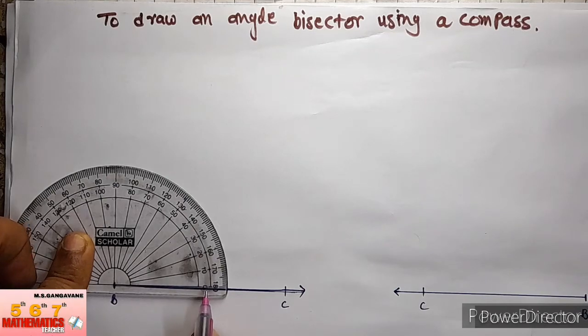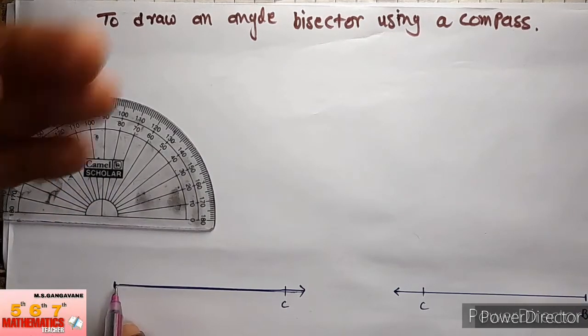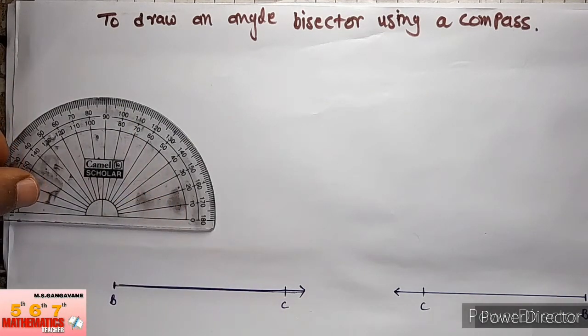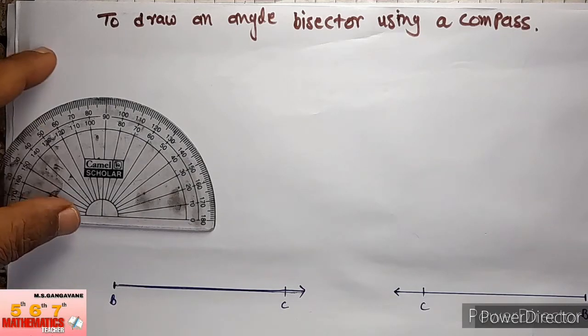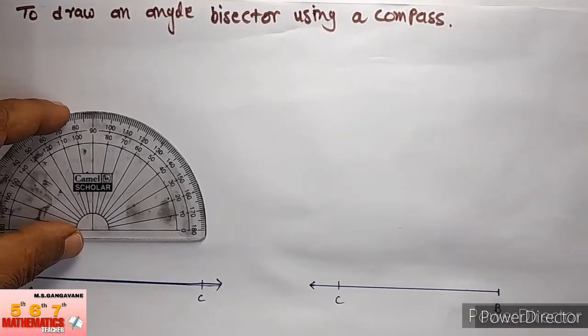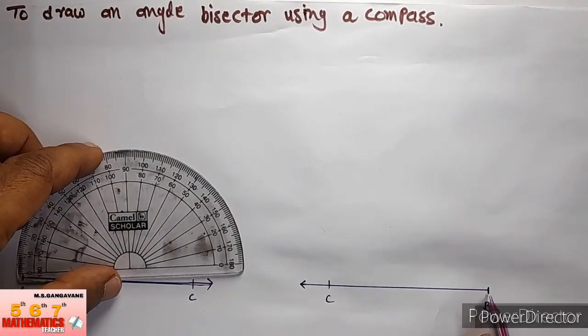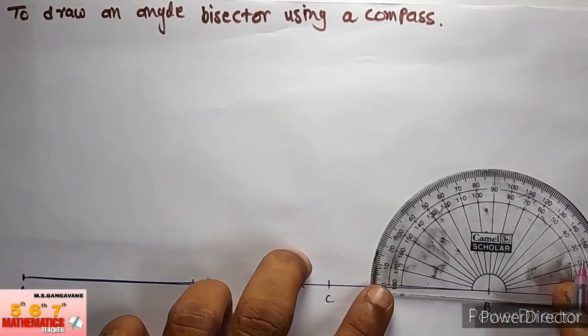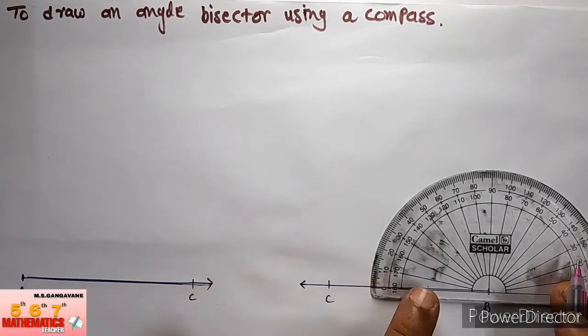Now you know, if the vertex point is to your left hand, use the inside number of the protractor. But if the vertex point is to your right hand, we use the outside number of the protractor.